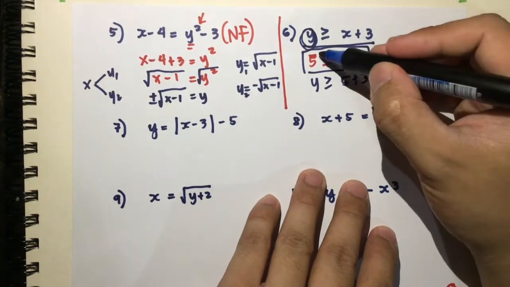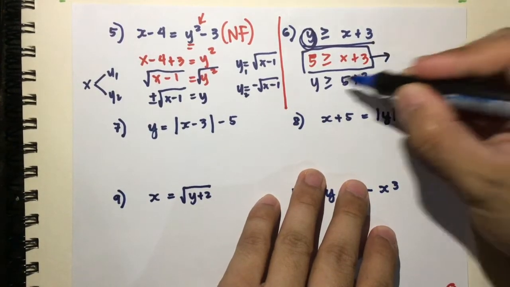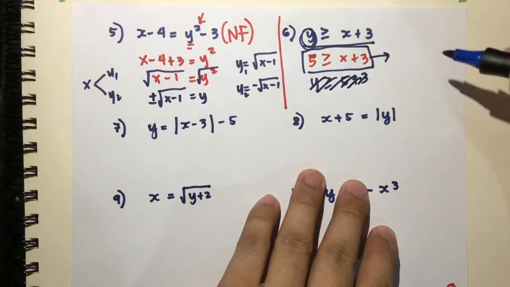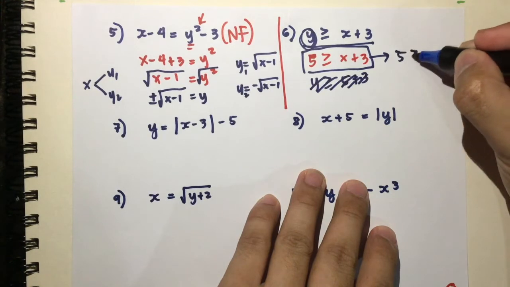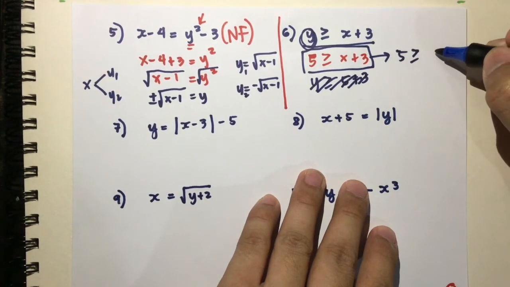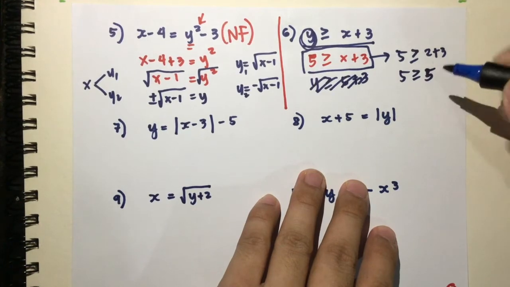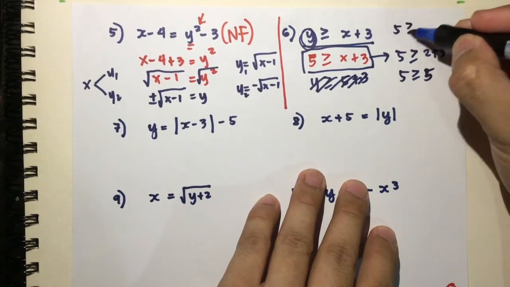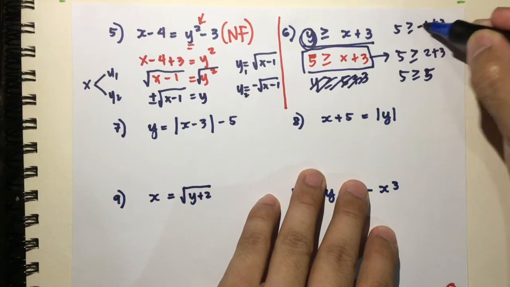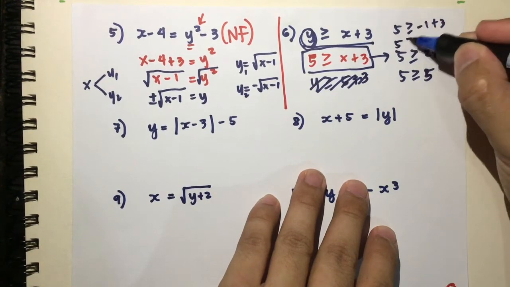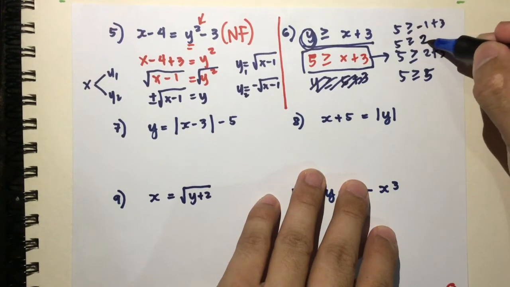So let's take, for example, when y is 5, let's erase this one. When y is 5, then therefore you can have, for example, 5 greater than or equal to 2, because 5 is greater than 2. We can also have 5 greater than or equal to -1. Our target here is to make sure that 5 is always greater than the result on the right hand side, and this is 2.